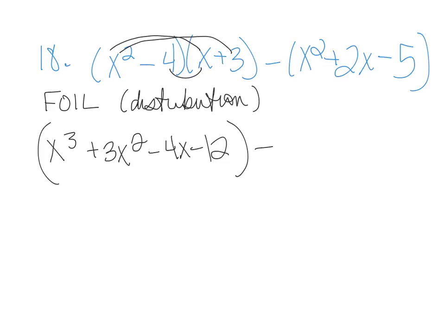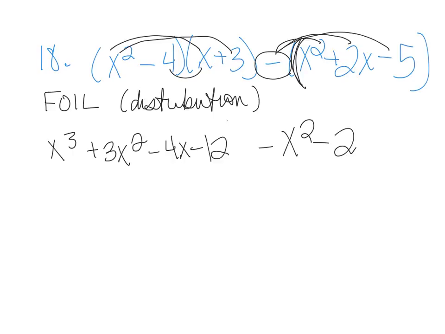It's important to remember, if I look at this negative, if I take down this parenthesis, I need to distribute that negative to each term. So it's going to be minus an x squared minus a 2x plus 5. Now I can collect like terms.